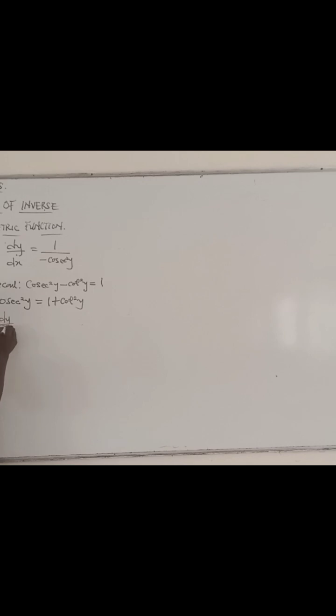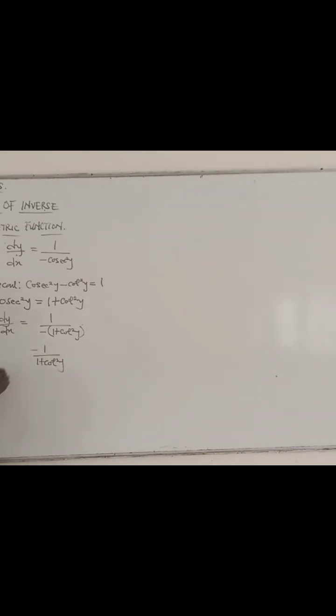So dy/ds will be equal to 1 over minus into brackets 1 plus cot square y, which is minus 1 over 1 plus cot square y.